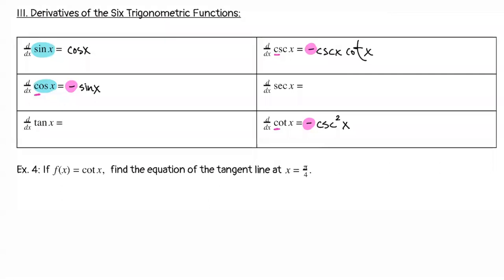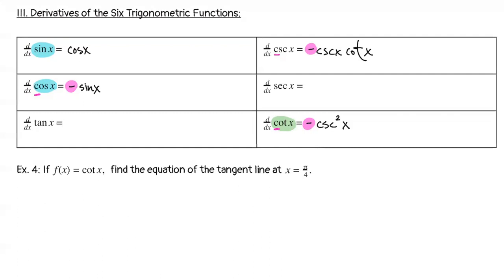But another pattern that was pointed out to me by some former students is that kind of like sine and cosine come in pairs, we can actually find ones that are similar in structure. So if you look at the derivative of cotangent, you get a negative cosecant squared. Which one of the other functions has something that's like a something squared? Yeah, tangent, right?